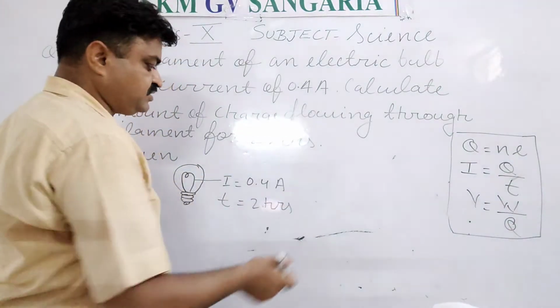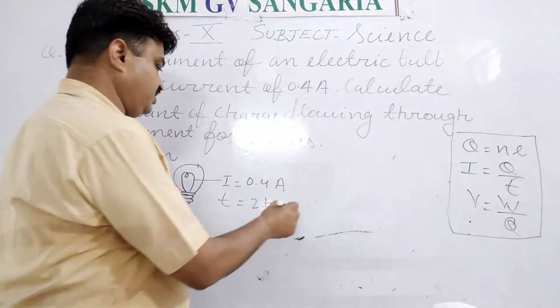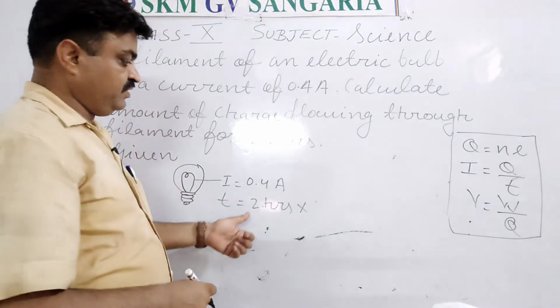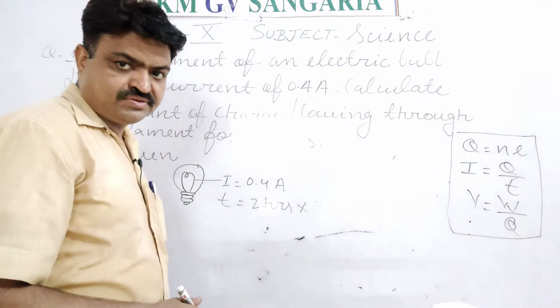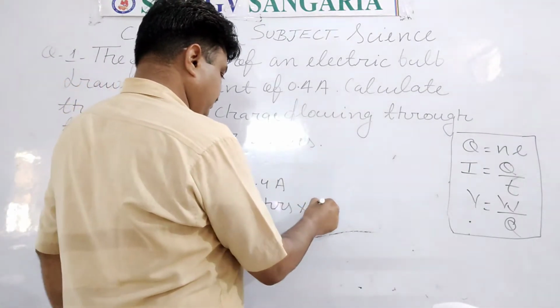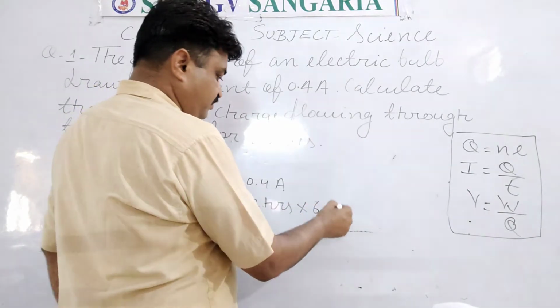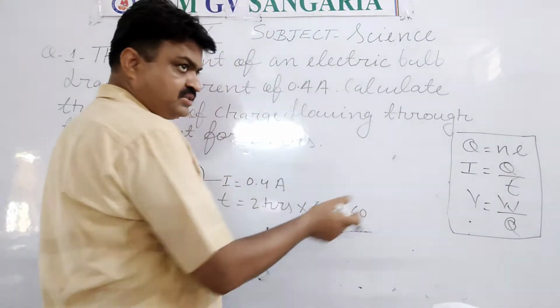Now these 2 hours you will convert into seconds, student. How will you convert it into seconds? You will write 60 into 60, because 1 minute has 60 seconds.